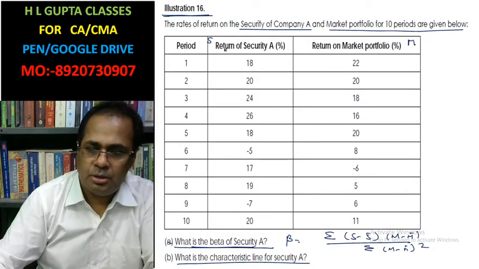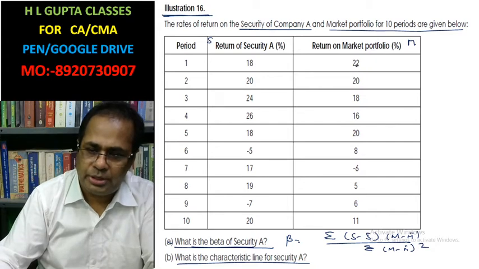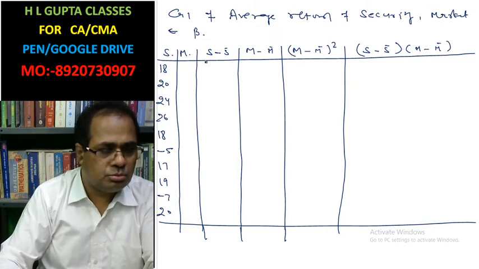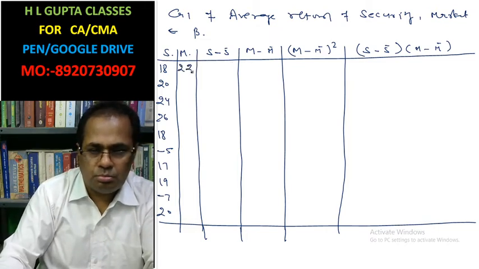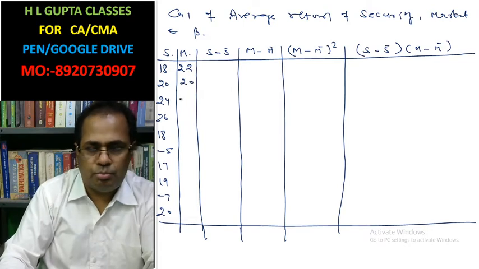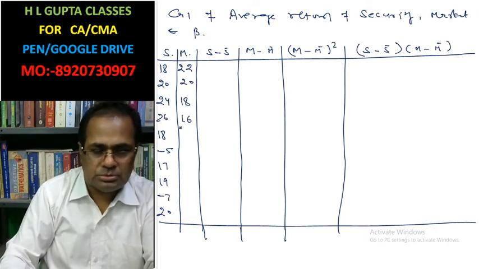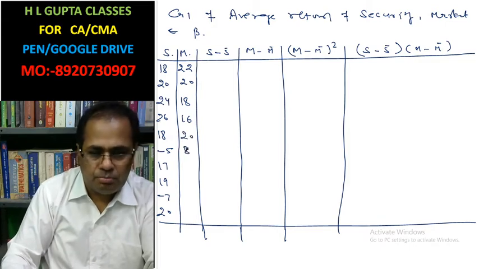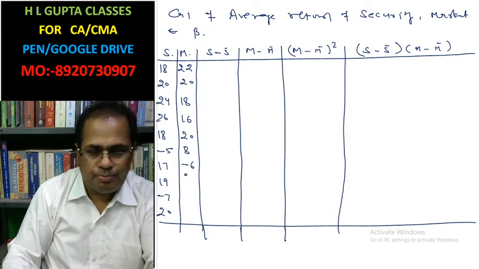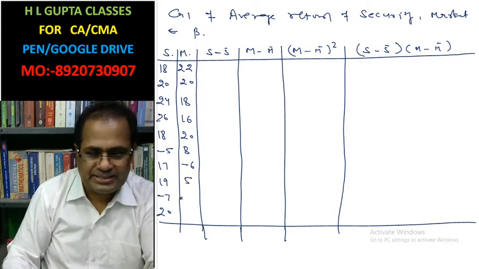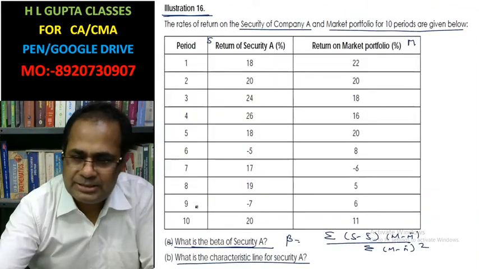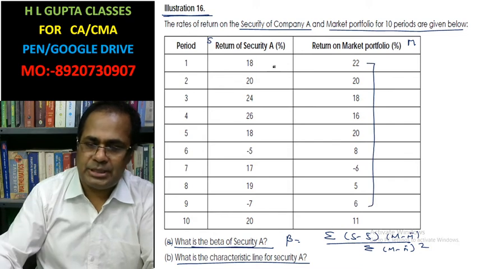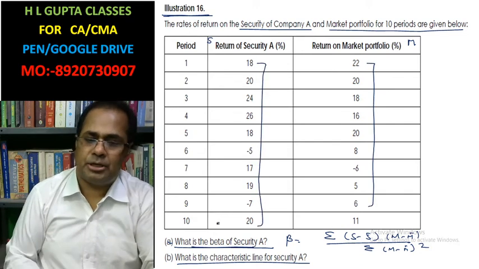What is the market here? 22, 20, 18, 16, 20, 8, minus 6, 5, 6, 11. These are given here. These are the data of the market, these are the returns of the security, these are given.